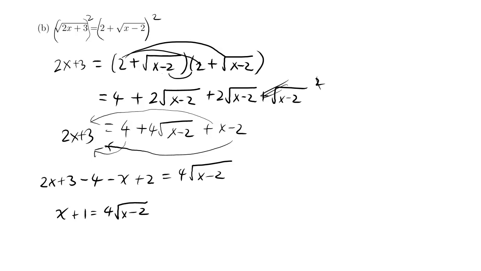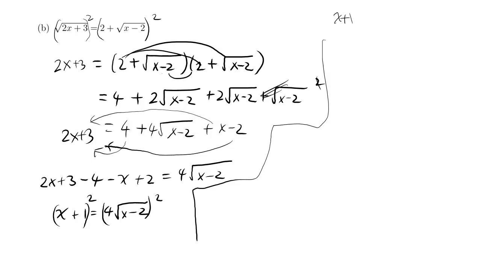Now, to get rid of this square root, again, we square both sides. Okay, so let's move up here. x plus 1 squared. What is x plus 1 squared? x plus 1 squared is x plus 1 times x plus 1.